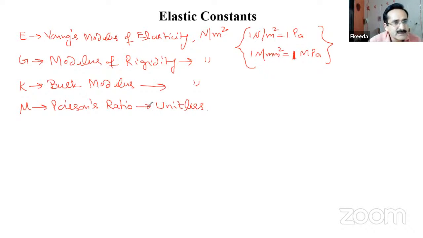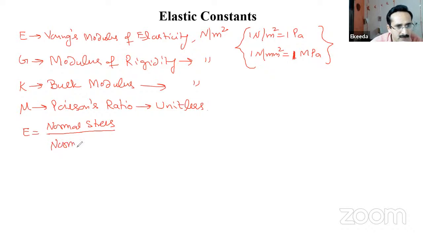Now E, G, K and mu are the constants. How to find out E? What is E actually? This is the normal stress upon normal strain. This is how we find E. It came from Hooke's law, basically.